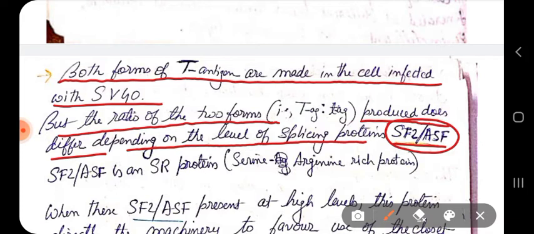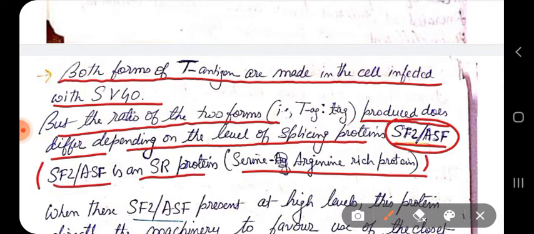So it is spliced using the SF2 ASF protein, which is a serine arginine rich protein. SF2 ASF recognizes the 5' splice sites and 3' splice site within the SV40 virus genome, and they use the splicing process to make these different forms of mRNA.